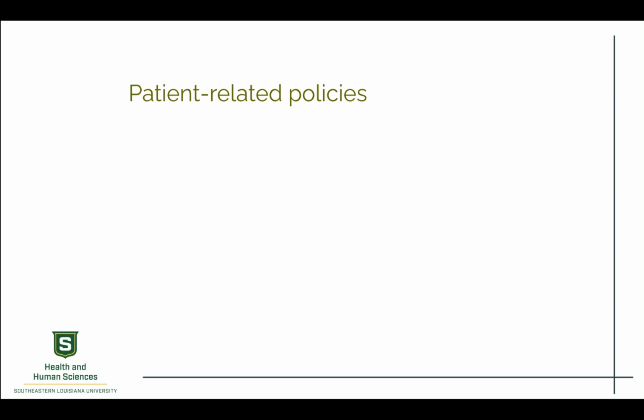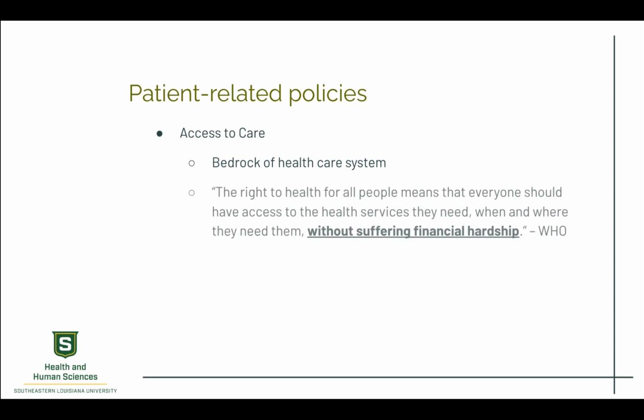So from the patient's perspective of policy, we have access to care. Access to care is very, very important when it comes to health service delivery. And one of the things that the WHO has really been trying to push for is the right to health. The right to health states that all people need to have access to the health services that they need, when and where they need it, without suffering financial hardship.